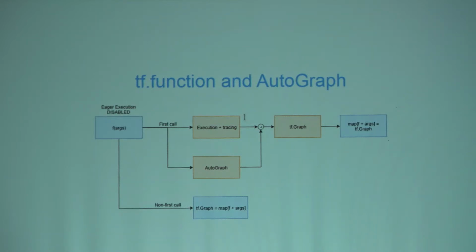So we create this association between the function name, the arguments, and the graph representation. Then, on every non-first call, we already have the function name and the arguments, and therefore we can just access the map we created, fetch the graph, and then execute the graph directly.